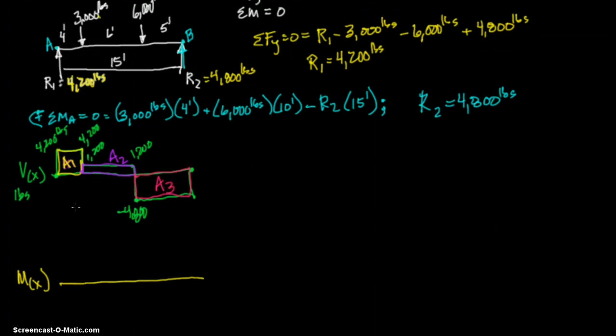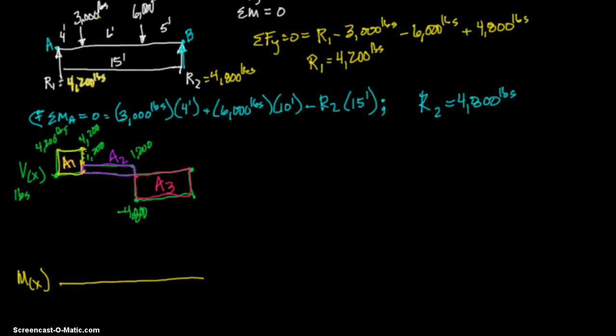Now, since this is positive, A1 is positive. At this point right here, it will equal the sum of the area in this box. So, what do we have? We have 4,200 times 4 foot, and that's what we get.